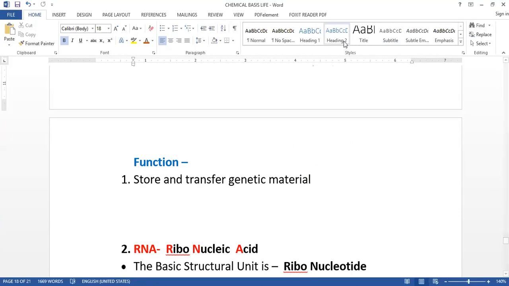So last classes we discussed so many things, and we discussed the elements and the compounds. There are two types of compounds, and the biomolecules, and there are four types of biomolecules: carbohydrate, lipid, protein, and nucleic acid. And also we were discussing carbohydrate, three types: monosaccharide, disaccharide, and polysaccharide.